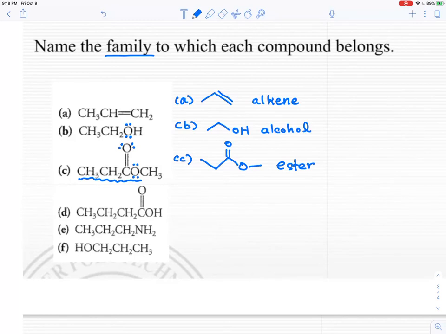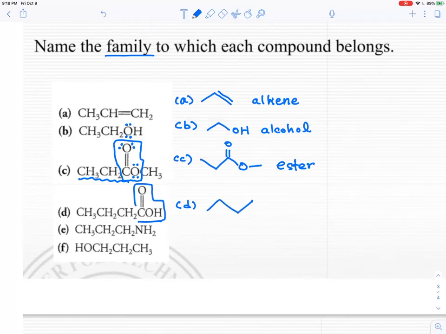The ester family is particularly responsible for the COO bonding in the middle of the molecule. An ester is made from a compound that looks like this, an organic carboxylic acid, made of four carbons. So number D: 1, 2, 3, 4.